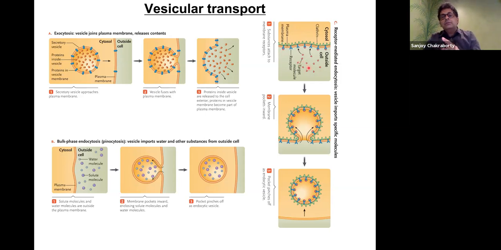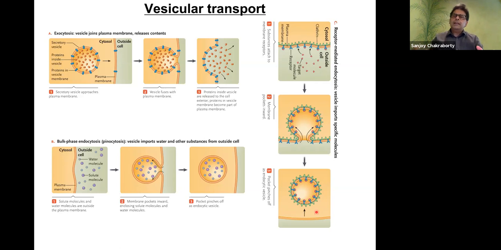That is why some books, instead of receptor-mediated endocytosis, call it ligand-bound endocytosis. So this ligand has to bind to the receptors. If they don't have those receptors, the blue color material in this picture, they can't take them in because they don't identify them. So in other words, you have to identify them, bind them, then take them in. So the receptor binds them, the molecule is bound, and then they take it in.